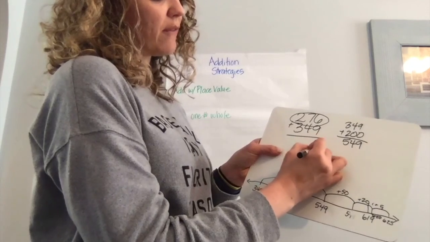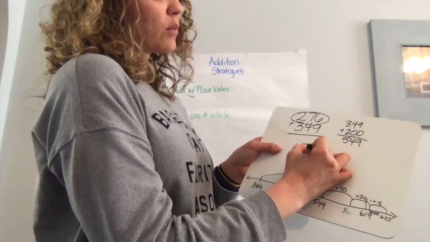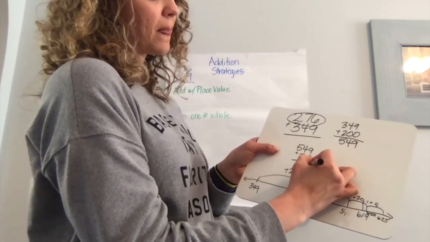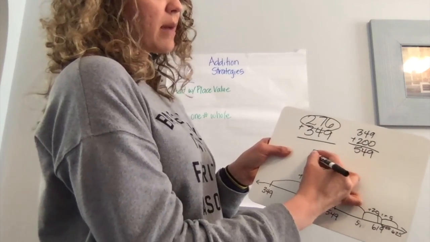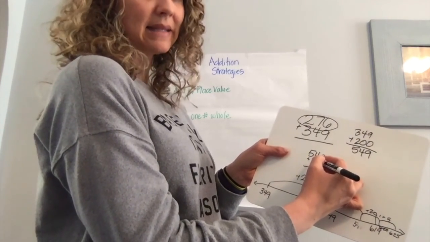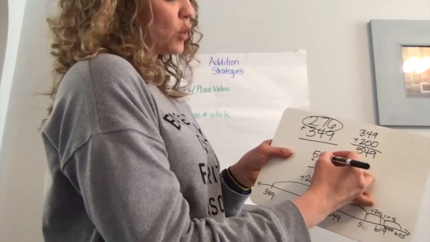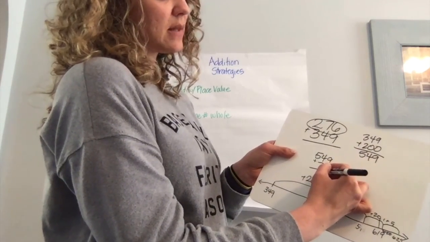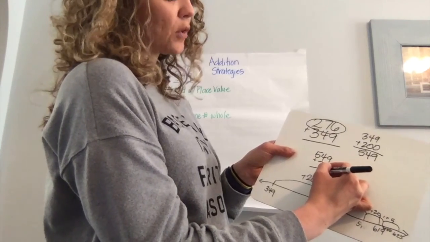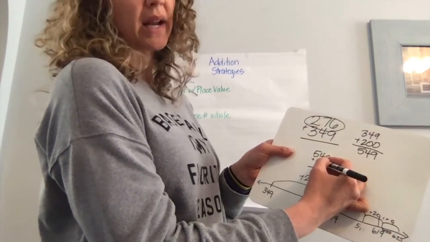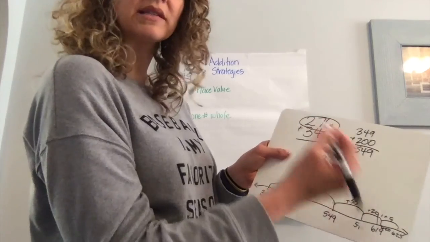So now we're thinking about 549, and then we're going to add 70, right? And so here I'm thinking about 54 tens plus 7 more tens, or 4 tens and 7 tens, which is 11 tens, right? But I think about it as 54 tens plus 7 more tens.